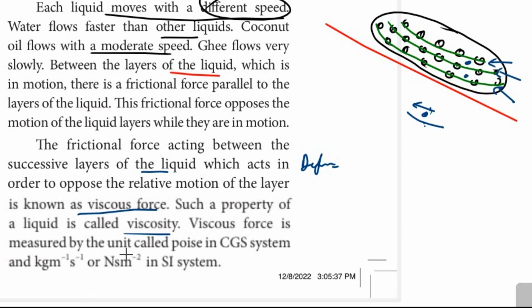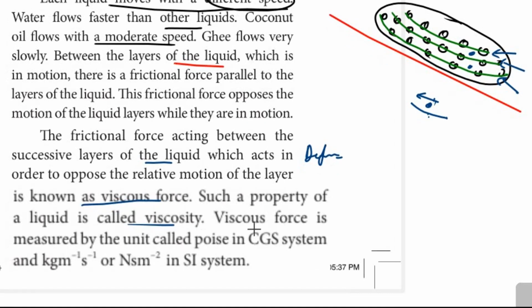And you see, this viscous force is measured by a unit called poise in the CGS system, or kg per meter per second, or Newton per meter square in SI units. So effectively it is Newton second per meter square, also Pascal second. This is yet another unit.